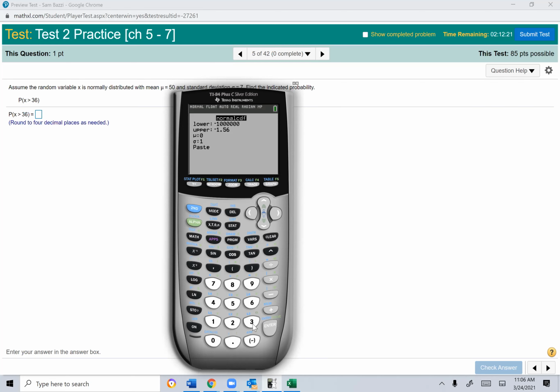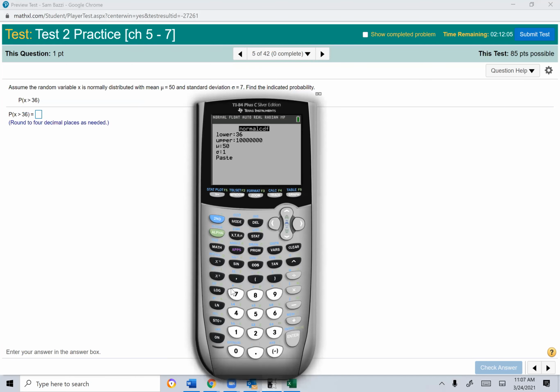So 36 will be the lower limit. And what's the upper? The sky is the limit. And then the mean, guys, don't keep 0, 1. The mean is 50 and the standard deviation is 7. And here you go. 0.9772. That's the answer. Next question.